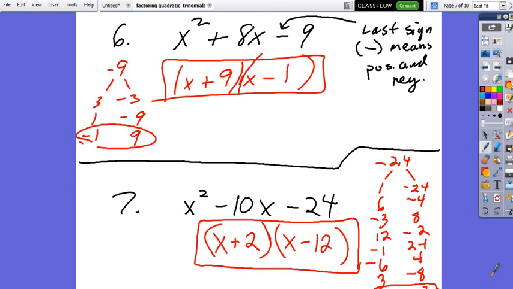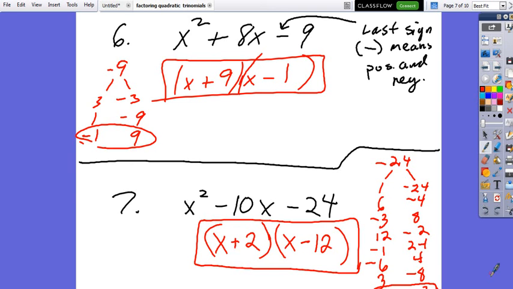What factors of 24 are 10 units apart? 2 and 12. Now the 12 is the larger factor. So that means the 12 needs to go with whichever parentheses has the negative. Goes here. -12 plus 2 is -10. -12 times 2 is -24.